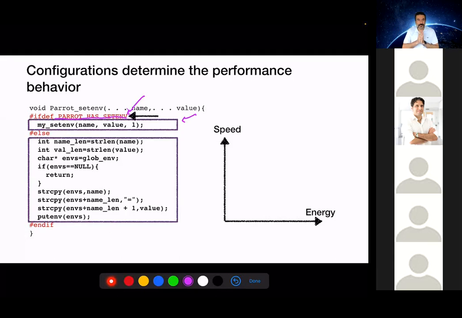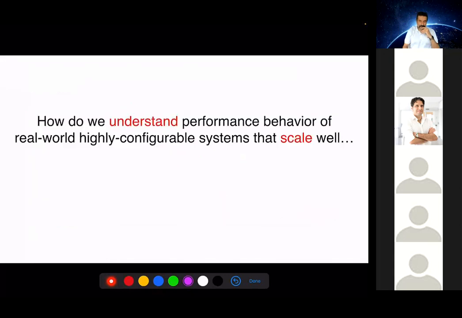And the developers or end users of the system are interested to know, if I change this, whether I get a boost in speed or whether my energy consumption would be deteriorated as a result. So reasoning in this multi-objective space is really the key objective of developers, and these are some specific questions they want to answer.